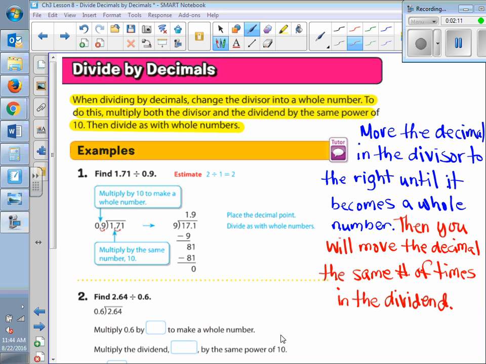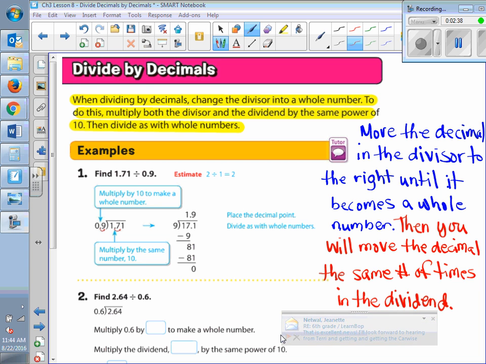So if you are moving the decimal to the right one time, that means that you are multiplying times 10. What if you move the decimal twice? What are you multiplying by? By 100. If you move the decimal 3 times to the right, what are you multiplying by?